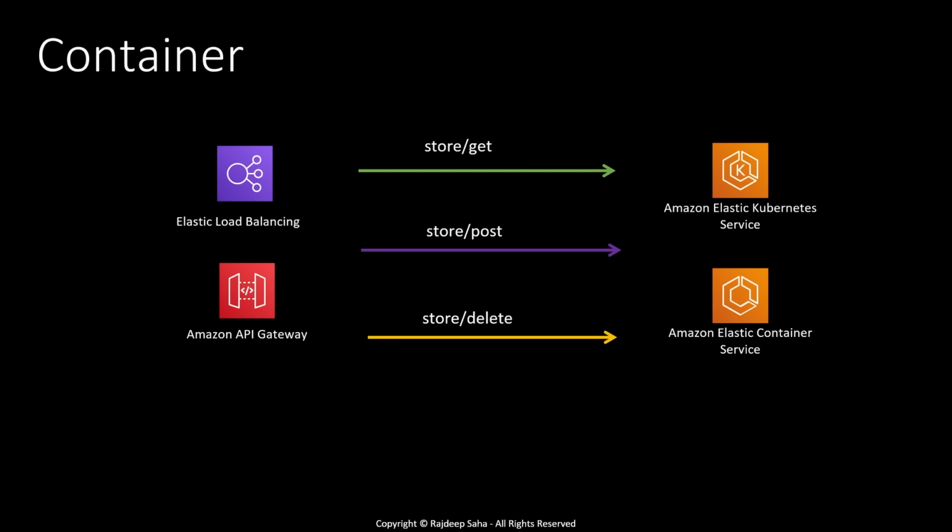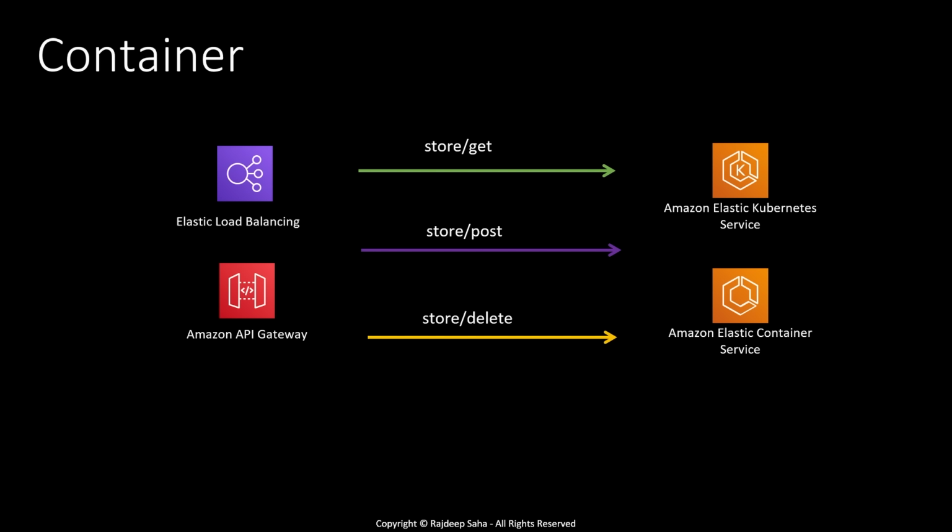Now, another popular choice is using containers. You can containerize your application and run within Amazon Elastic Kubernetes Service or EKS or Amazon Elastic Container Service or ECS. And in this case as well, you can front it by using Elastic Load Balancer or Amazon API Gateway.